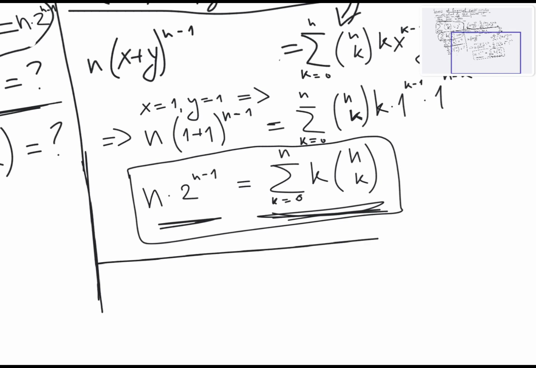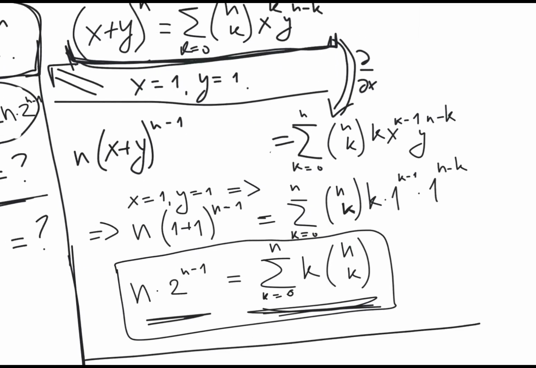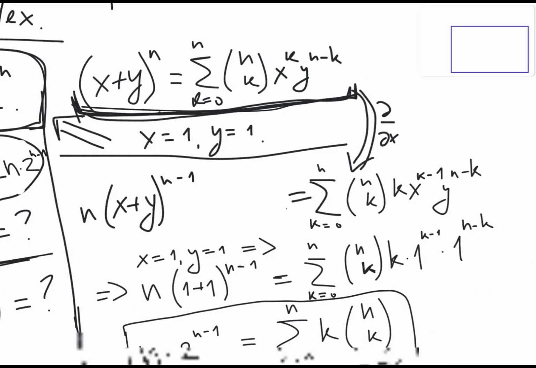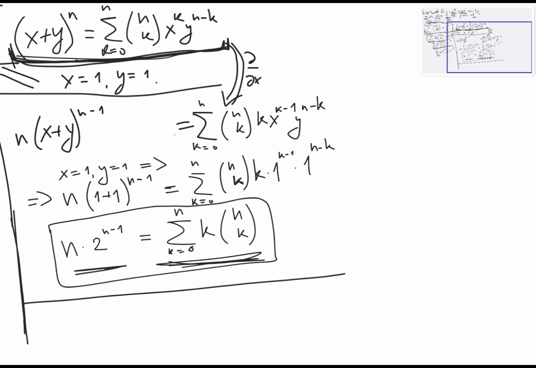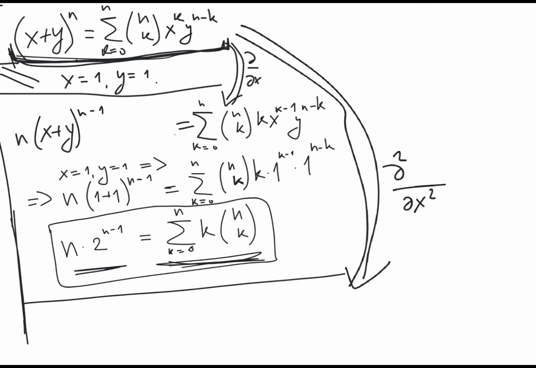Instead of differentiating the expansion formula once, we differentiate it twice by x. So I'm going to write it here: we do the second derivative by x.